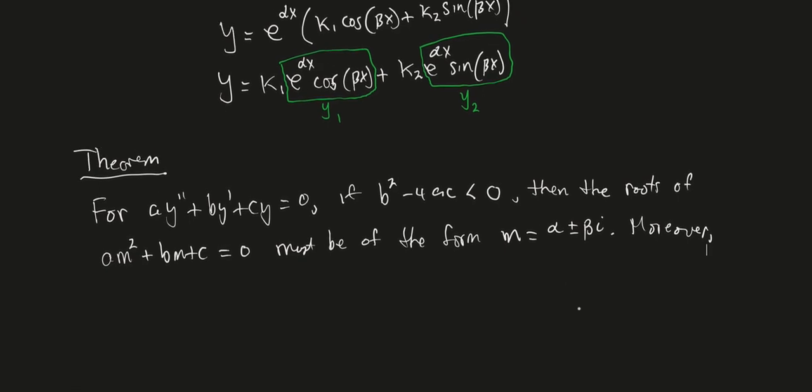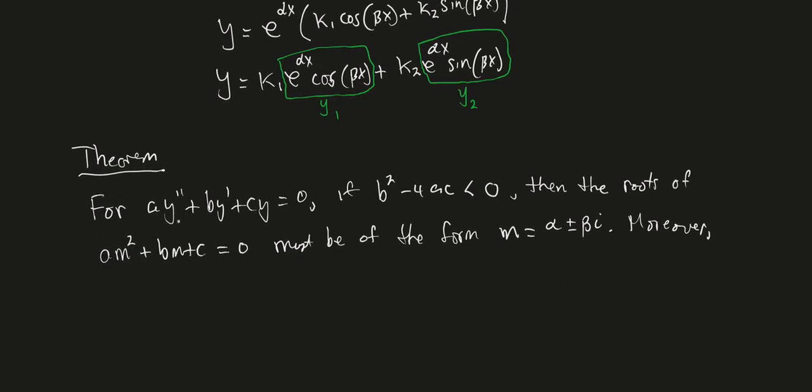a basis for the solution set of the differential equation. So moreover, y1 equals, so here's the first function, e to the alpha x cosine of beta x, and y2 equals e to the alpha x sine of beta x.